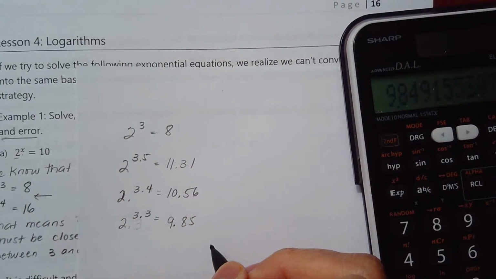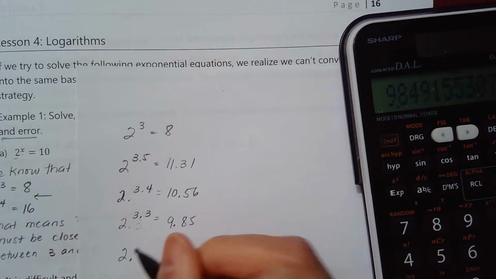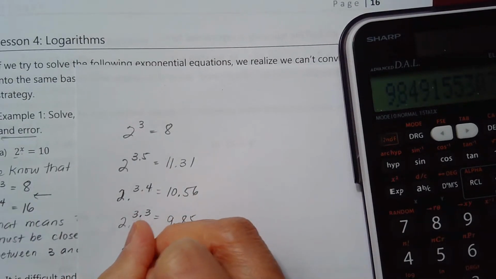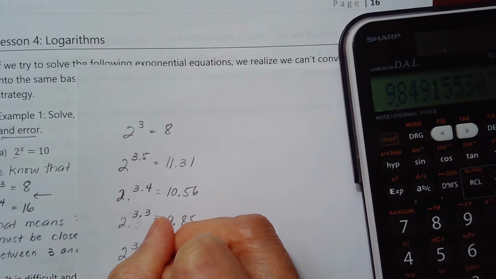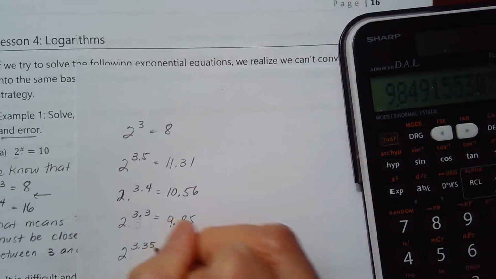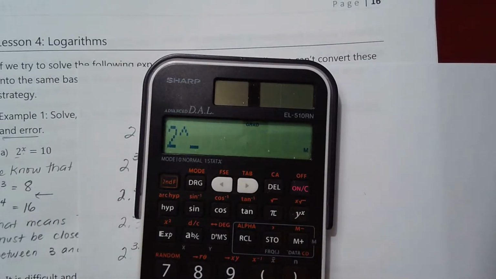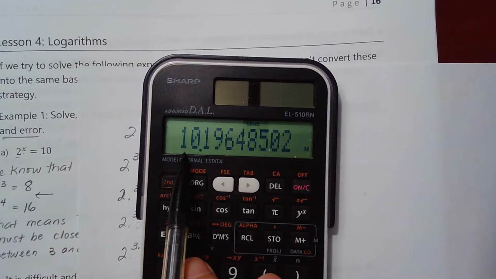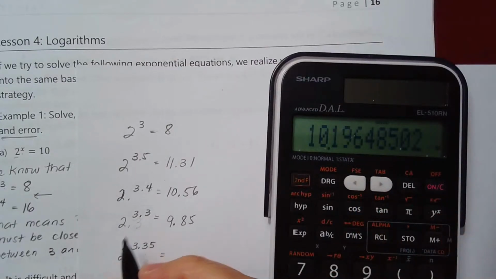We're going to try to get as close to 10 as possible. So let's try 2 to the exponent 3.35. Oh, very, very close, right? About 10.19. Let's go here.